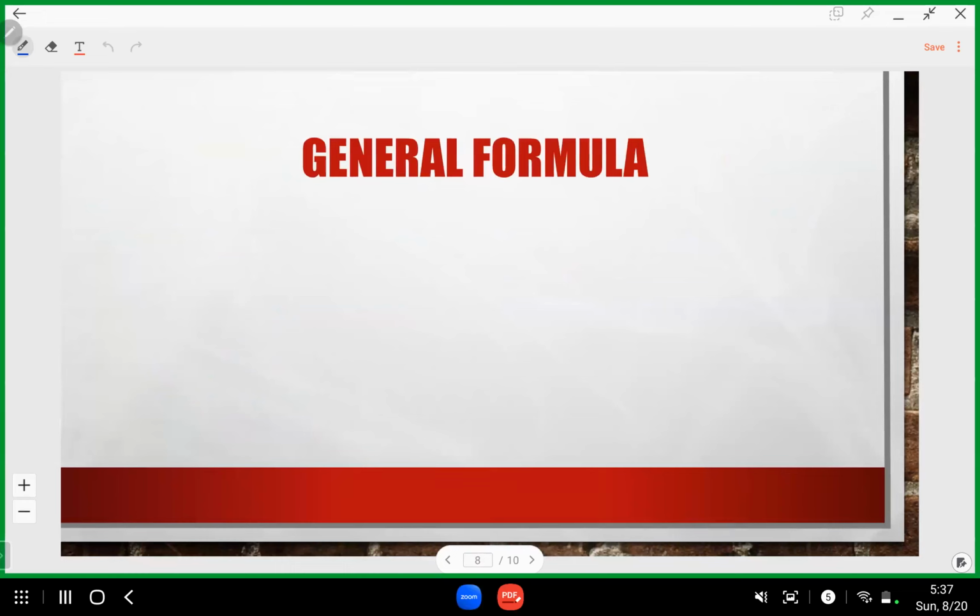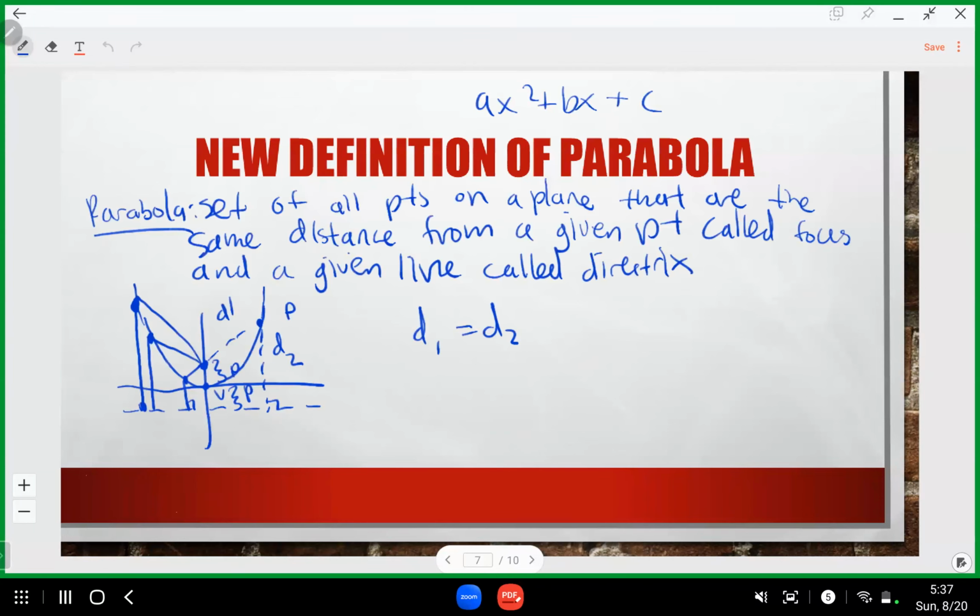So now we go to our general formula. We have a couple of things here that we can do. Basically the unique part of this new definition is that we can draw sideways parabolas now.